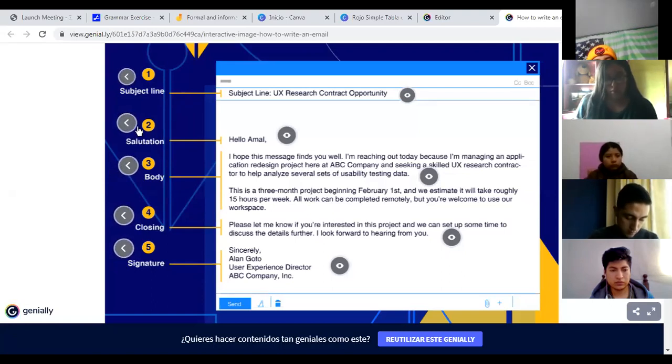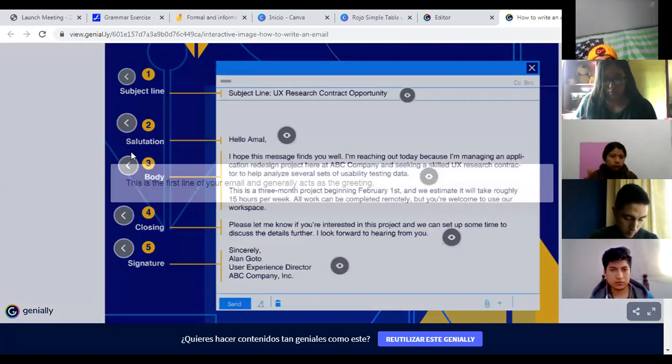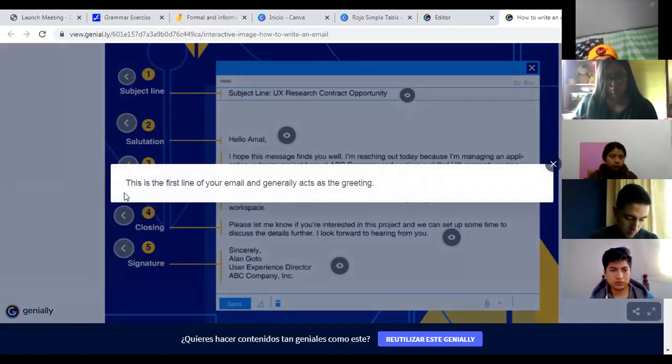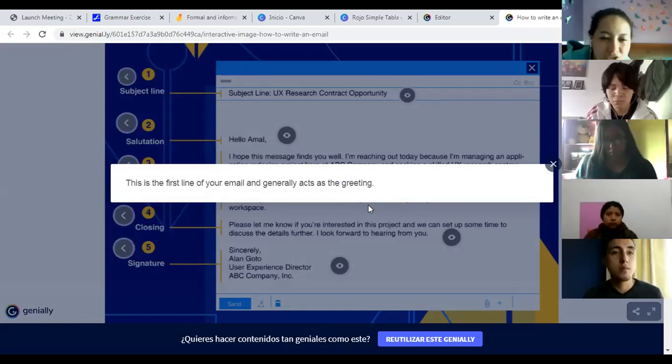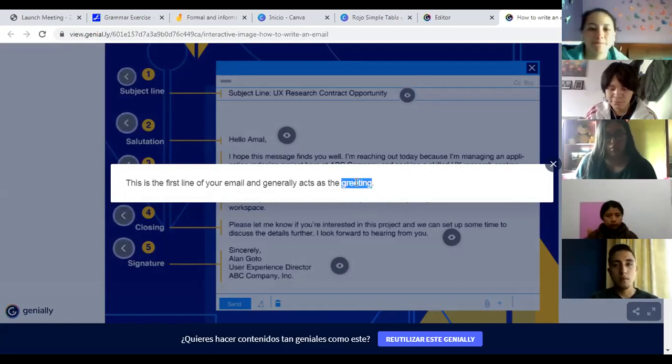Then we have the salutation. Melanie, can you help me reading? This is the first line of your email and generally acts as the greeting. Thank you, girl. The meaning of greeting is saludo, no?